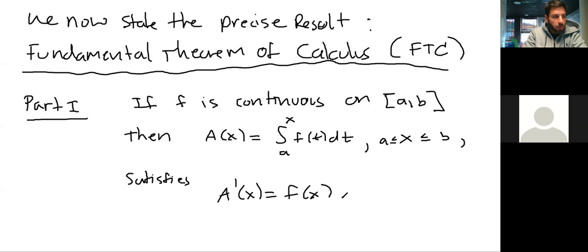So that's the first part. We gave examples to show this was true on Tuesday. And I mentioned to you earlier, it is true in certain senses. One of the times it's always true is if f is continuous. If f is continuous, this is true.